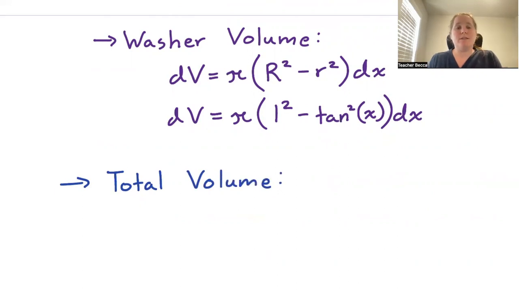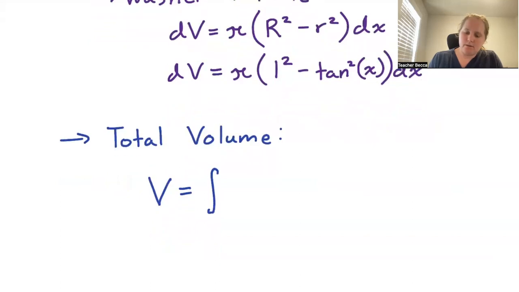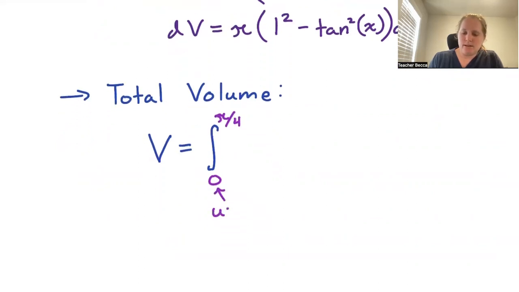So our total volume, we put all of these together. We're doing it in terms of dx, so we should run in terms of x from 0 to pi over 4. So we're using dx, which means the bounds are in x.